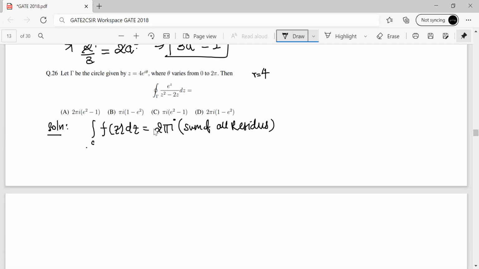Okay, so if you consider the denominator, z square minus 2z equal to 0, that means z into z minus 2 equal to 0. So z equal to 0 and z equal to 2 are two singularities.